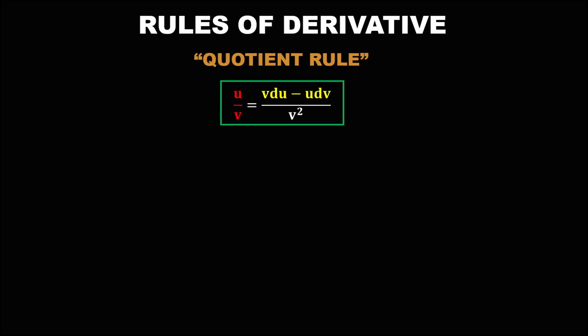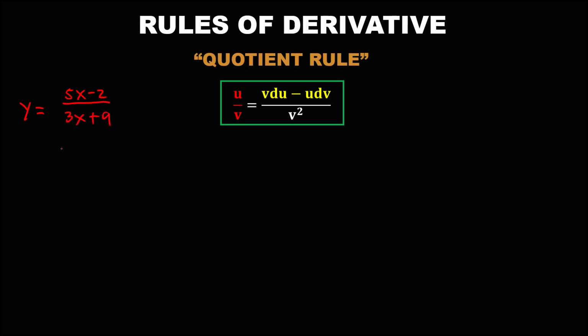Then this time for the quotient rule, we have u over v. To find the derivative, we have v times the derivative of u, then minus u times the derivative of v, then all over the square of v. So if we have this given, y equals 5x minus 2 over 3x plus 9.